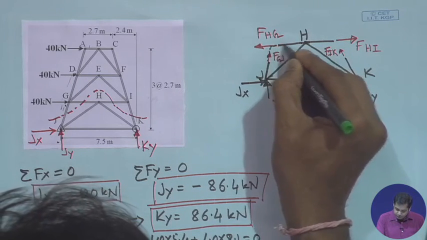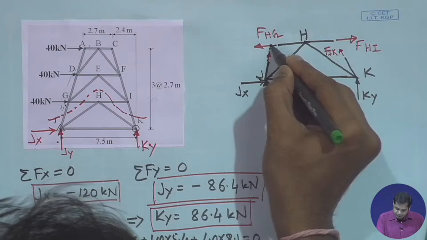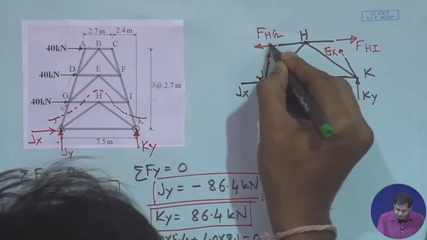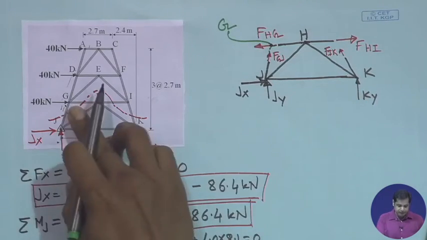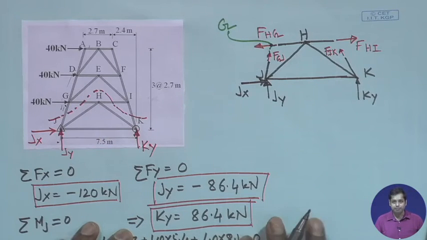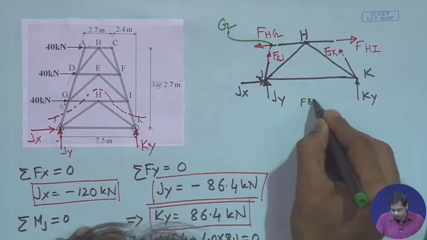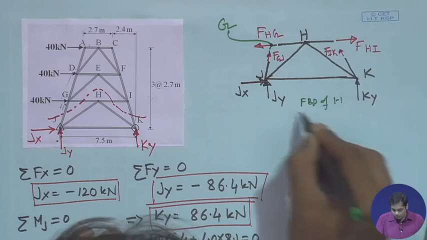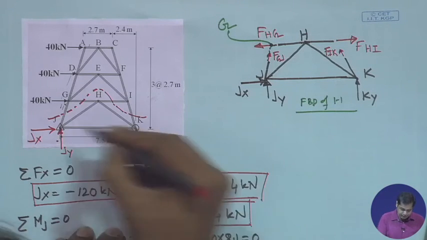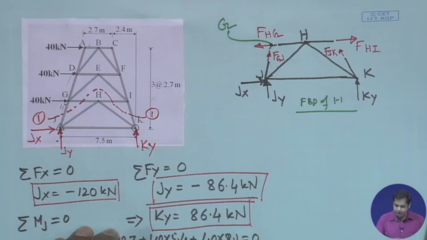If we join them together, they meet here, and this point is point G. This is the free body diagram of section 1-1.